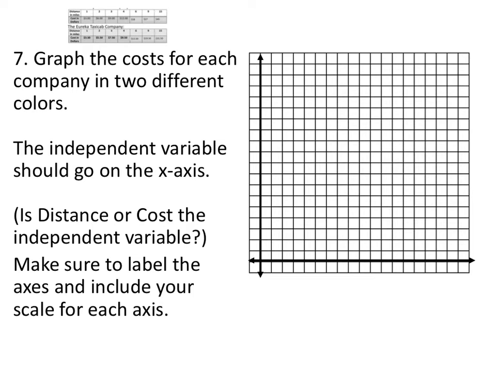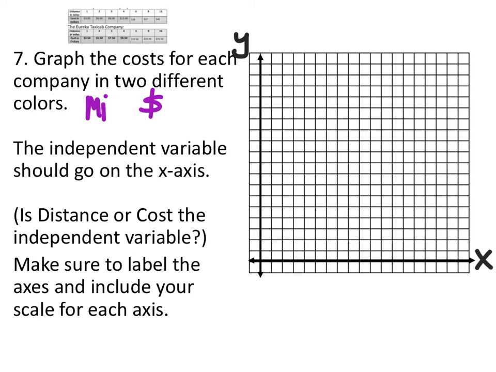So we're comparing two things on this, by the way, right? We're comparing miles, and we're also comparing dollars, cost, okay? So those are the two things we're comparing, and we have the two axes on this, okay? The horizontal one here, just in case you did not know, that's what we call the x-axis. The vertical one, the up and down one, that's our y-axis.